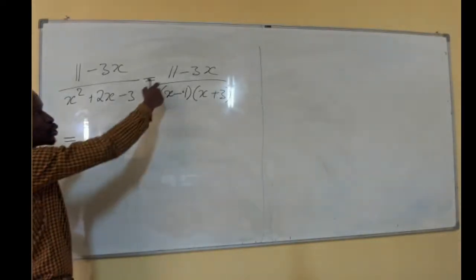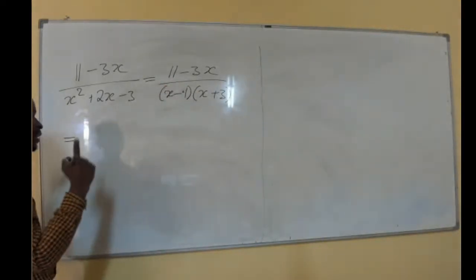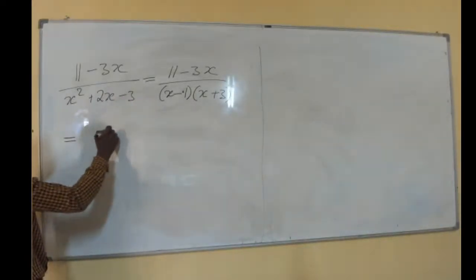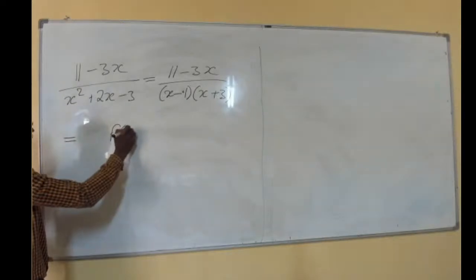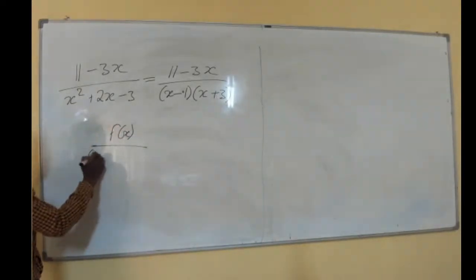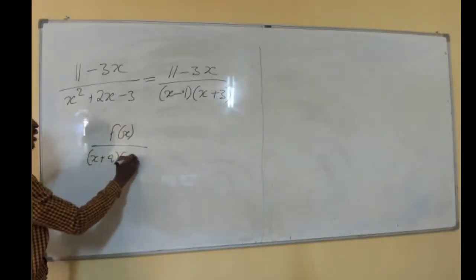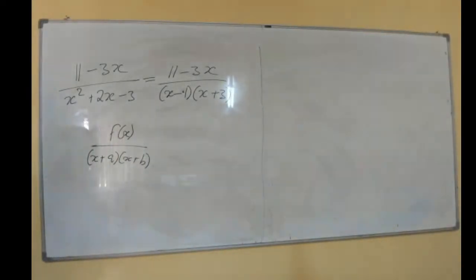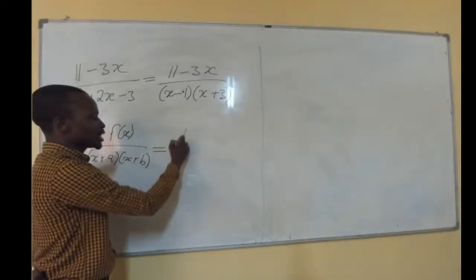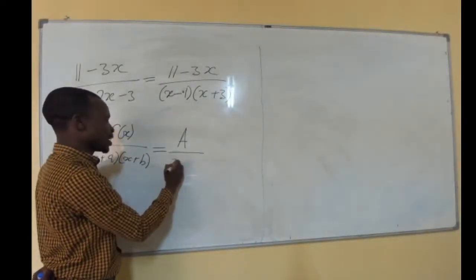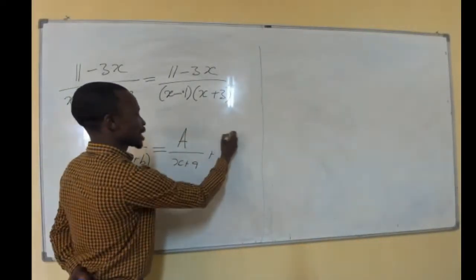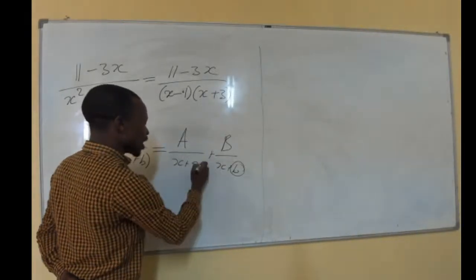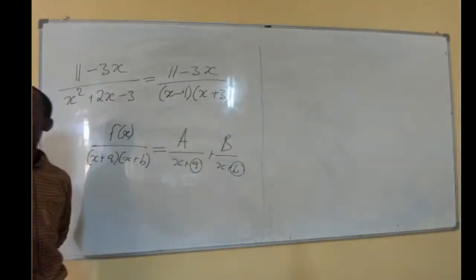According to the standard that I mentioned, this is similar to the situation where you have f of x over (x plus a)(x plus b). If you have such a rational function, then you can write it as capital A divided by (x plus a) plus capital B divided by (x plus b). Remember, small a and small b are already given.